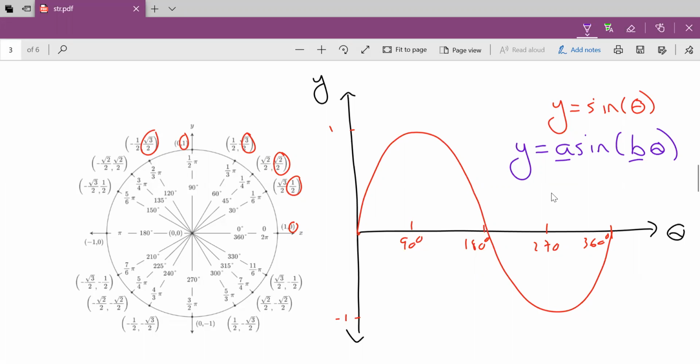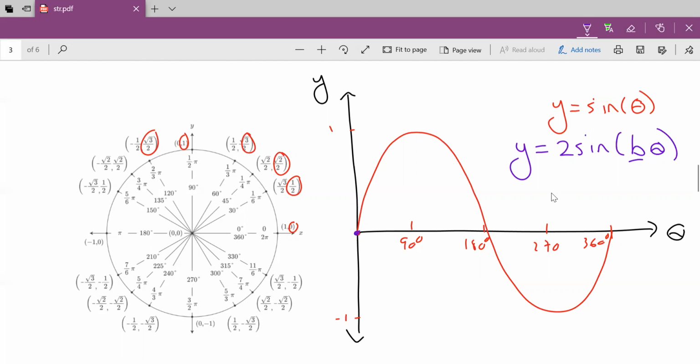A, from our prior transformations unit, we know is the vertical stretch. So if I had changed this function to say this was a 2, well, that's our vertical stretch. It's going to multiply all of our y values.